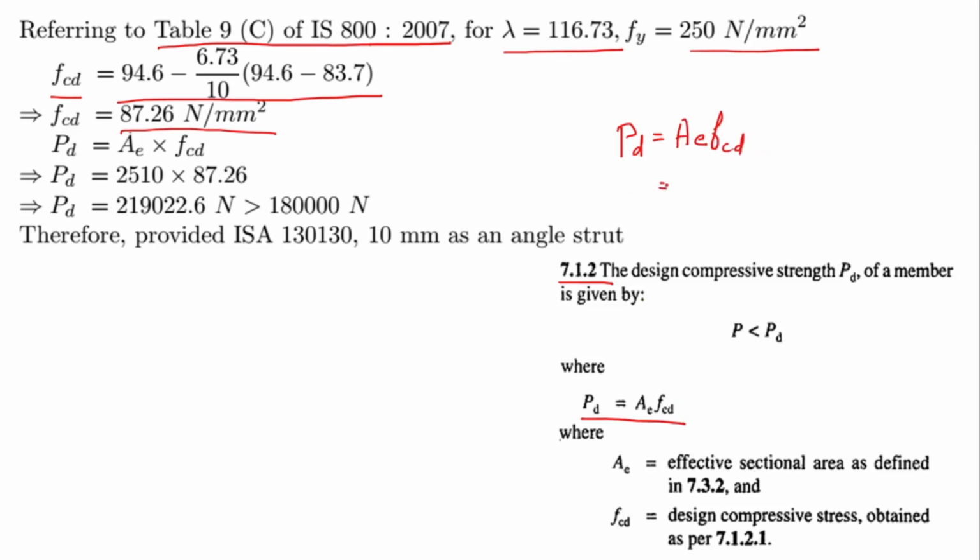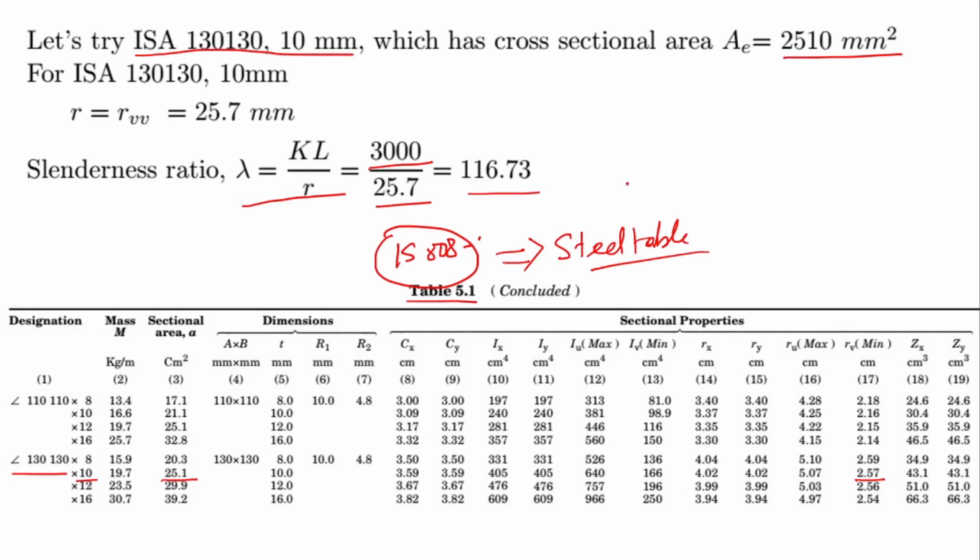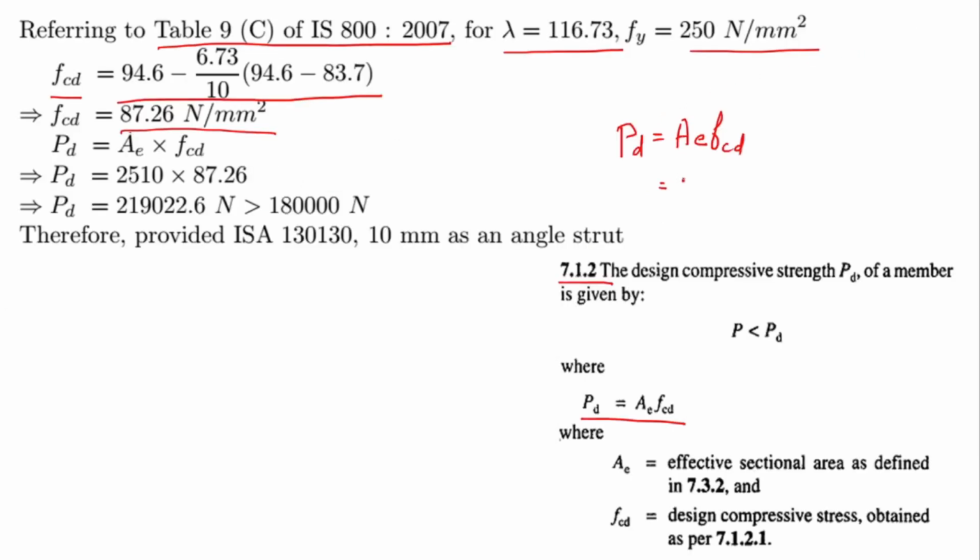So for angle 130, 130, 10, the effective cross sectional area is 2510 mm square, and FCD we have calculated as 87.26. So the design compressive strength is calculated as 219,022.6 Newton, which is greater than 180,000 Newton, meaning 180 kilonewton, which is the P. So here P is less than PD, which means this condition is satisfied.